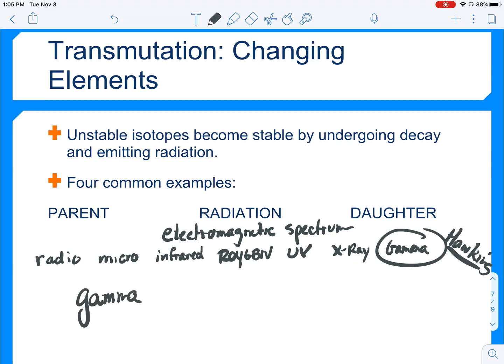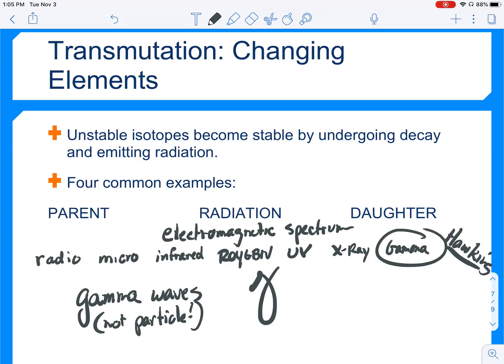Gamma rays or gamma waves, not a particle. The other forms of radiation are particles. Gamma waves are energy waves. Greek letter gamma, the Jesus fish in a nosedive, I guess. Gamma waves are commonly associated with nuclear transmutations, and gamma radiation is extremely high energy.